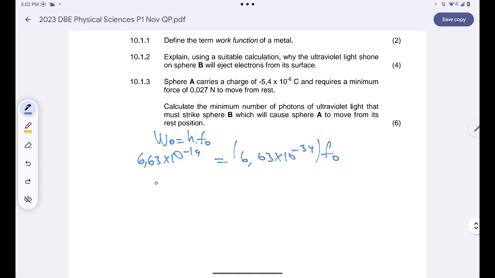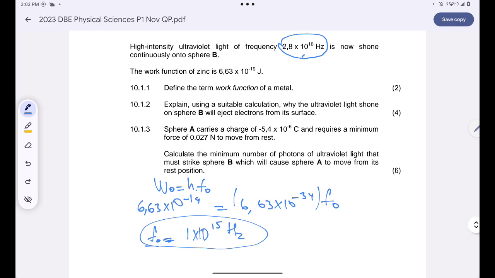So for me to find my threshold frequency, I just need to divide the two: 6.63 multiplied by 10 to the power negative 19 divided by 6.63 times 10 to the power negative 34. I'll simply get 1 times 10 to the power positive 15 Hz.